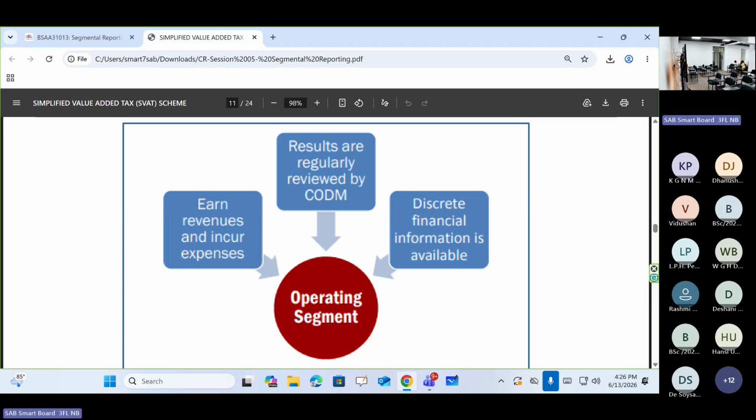And then the next question is also related, 35 marks.